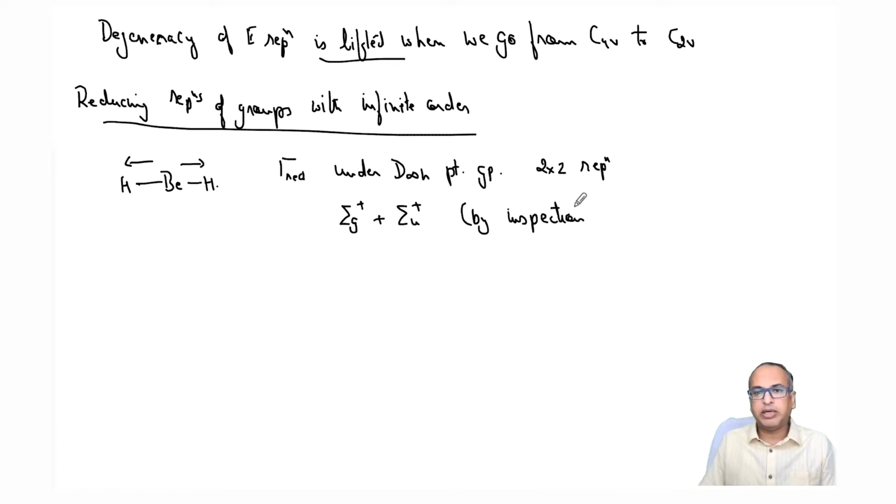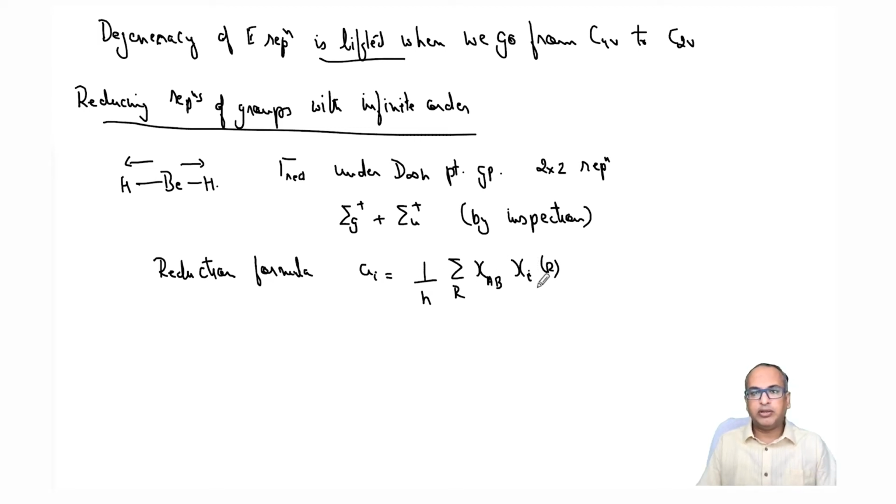Why was it obtained by inspection? Because if you notice the reduction formula, let us write it down. The reduction formula: a_i is equal to 1 over h, summation over all R, chi of the irreducible representation times chi of the reducible representation under symmetry operation R, and this is a summation over all R. The important point here is that h is in the denominator, which is the order of the group.